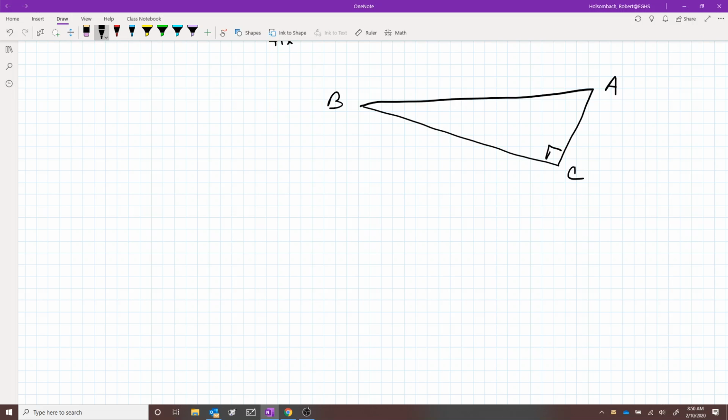You got a side that's 3 and you got a side that's 15, and we're dealing with angle A. We need the measure of angle A. We're still using the acronym SOHCAHTOA.